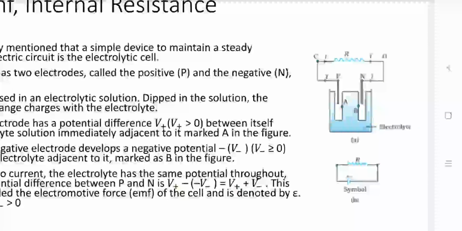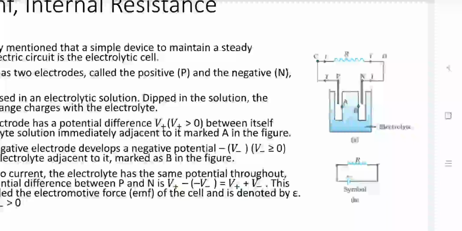Here, if we assume that my R, the externally connected resistance, is infinite, a very high value, then by applying Ohm's law, I equals V by R. R is infinite, so current is 0.